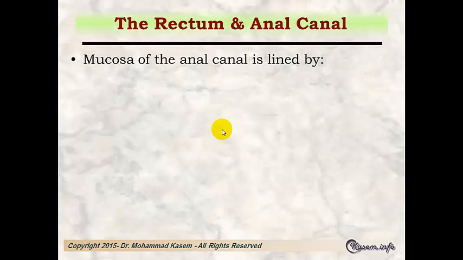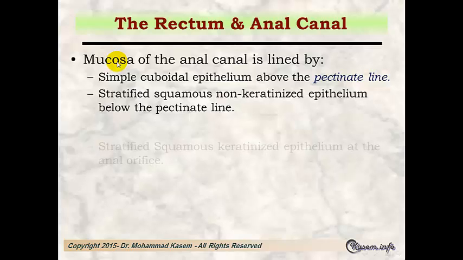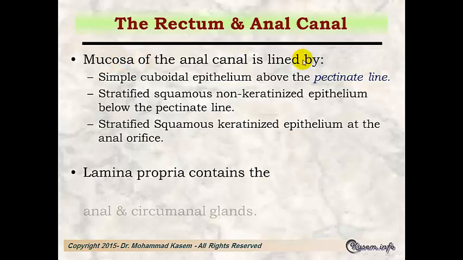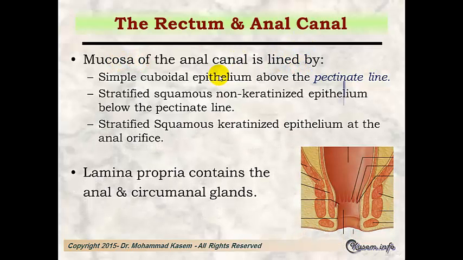The rectum and the anal canal have a mucosa lined by simple columnar epithelium above what is called the pectinate line. The pectinate line is here. Below this line we find stratified squamous non-keratinized epithelium.